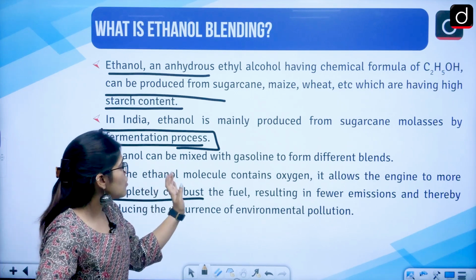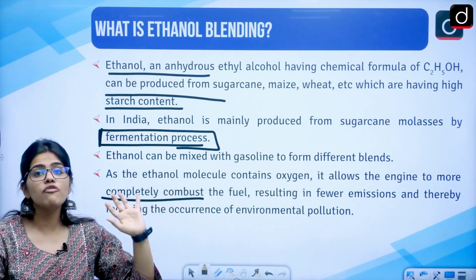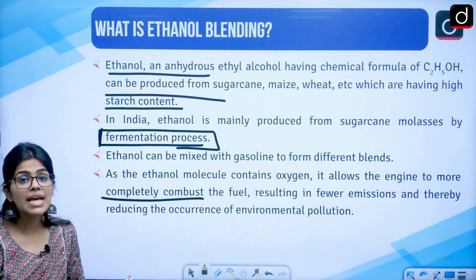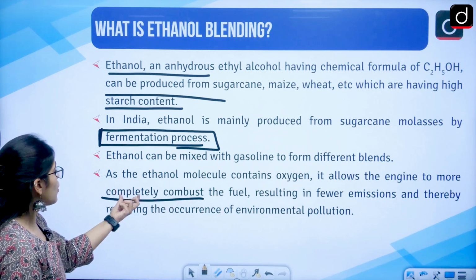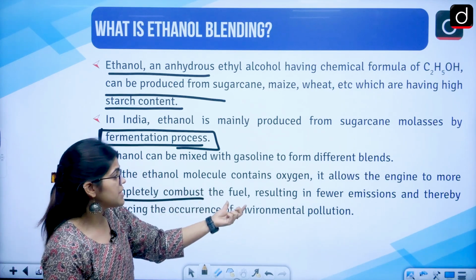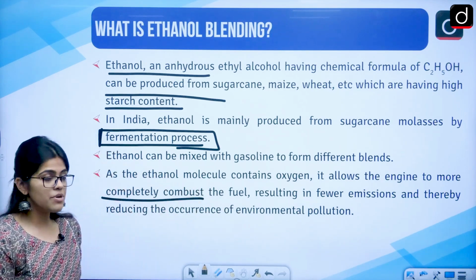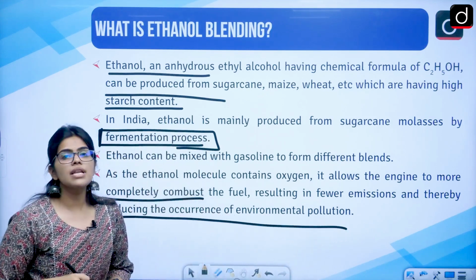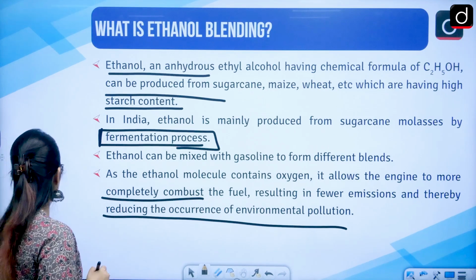But ethanol has a larger amount of oxygen, so it is very good as a fuel in engines because of the complete combustion property, resulting in fewer emissions, thereby reducing the pollution level seen in the environment.